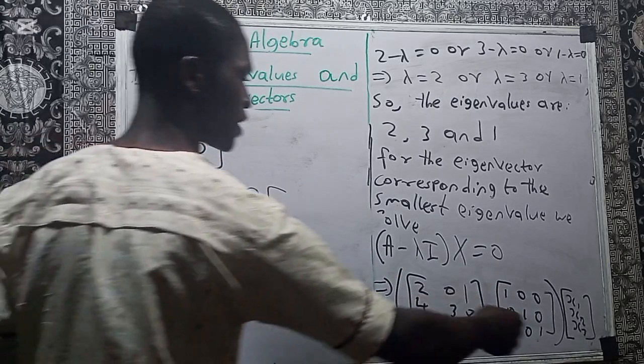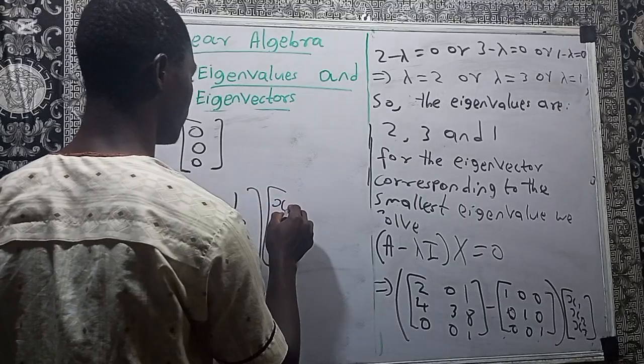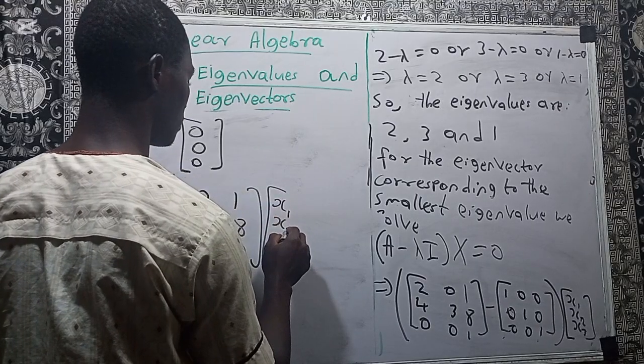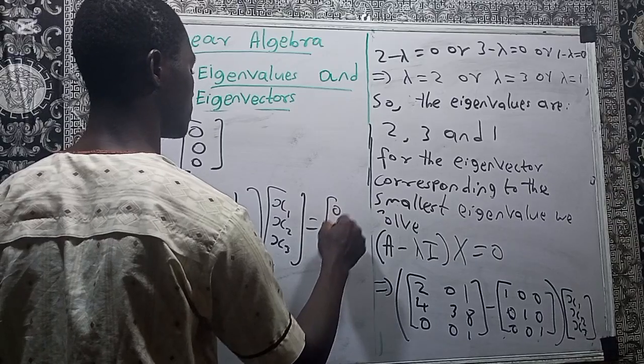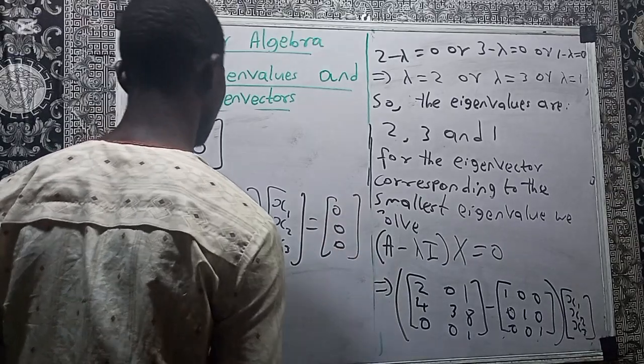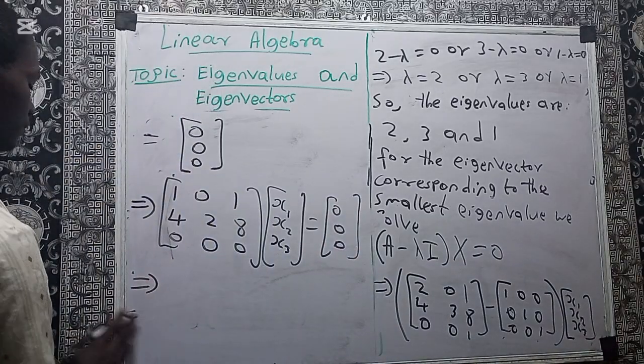So we'll have this multiplied by the column vector, then equated to the zero matrix. So this is what we have.